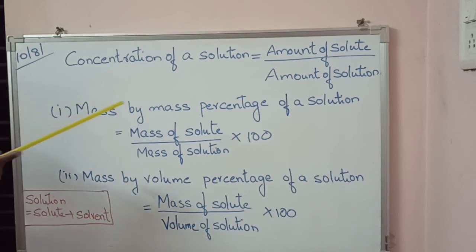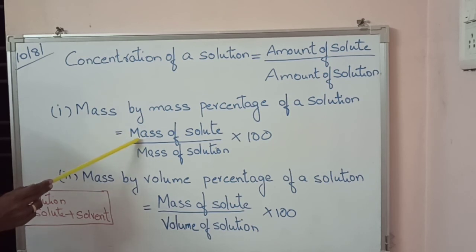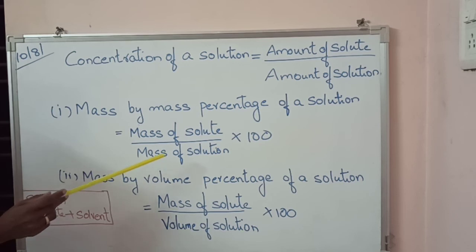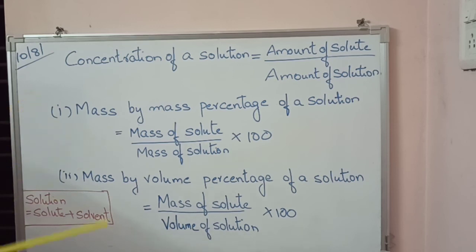Then what is mass by mass percentage? Mass by mass percentage is equal to mass of solute by mass of solution into 100. You know that the two components of a solution are solute and solvent. So the mass of solution is the sum of the solute and solvent.